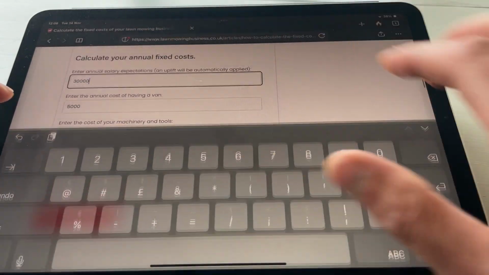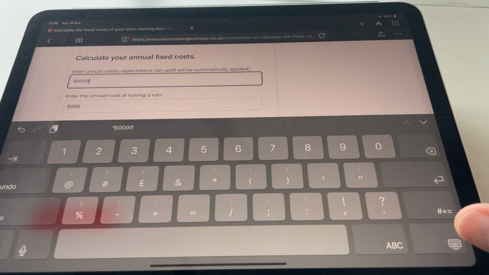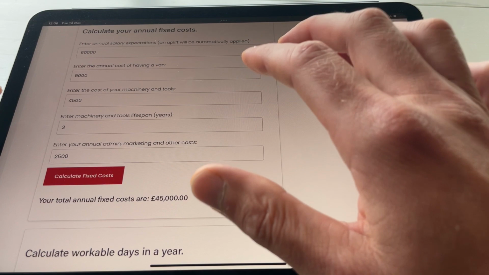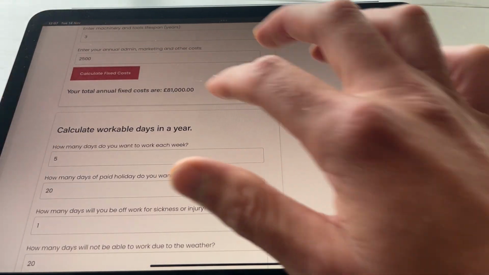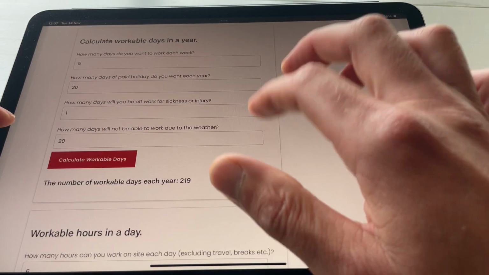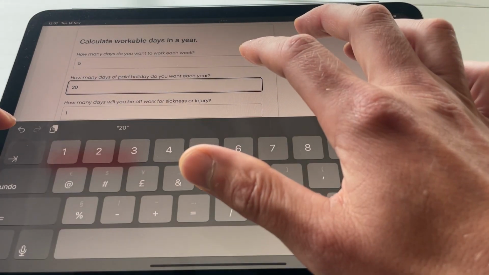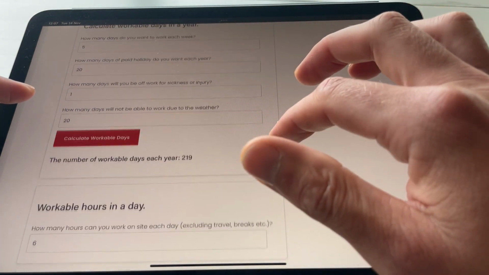So let's be ambitious, and say we want to earn £60,000 a year, okay? All of these are the same, which means the annual fixed costs are now £81,000 a year. But yeah, 20 days holiday, that's fine. Still only want to work 5 days a week.